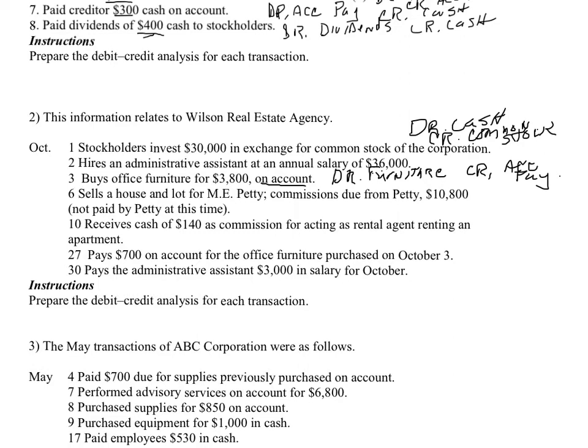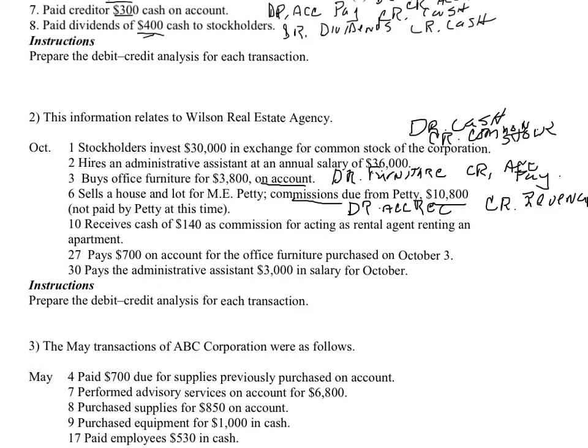On October 6th, I sell a house, and I earn commission, and I have not been paid that commission yet. But nevertheless, I've earned revenue. So I debit accounts receivable because I will get that money later. And I credit revenue. You always credit revenue when you perform the service. Whether you got the money or not does not matter. We'll talk about that later.